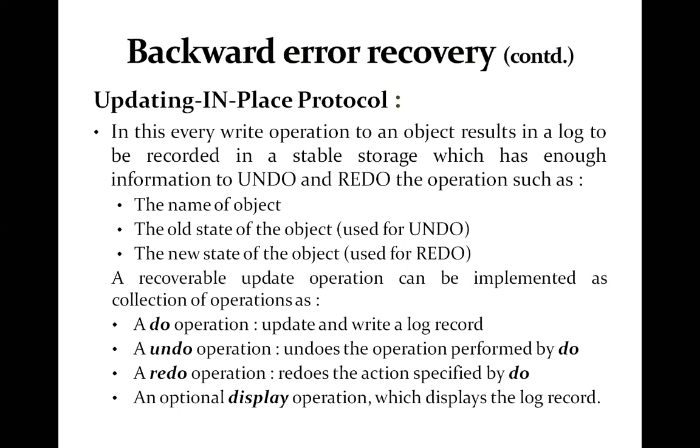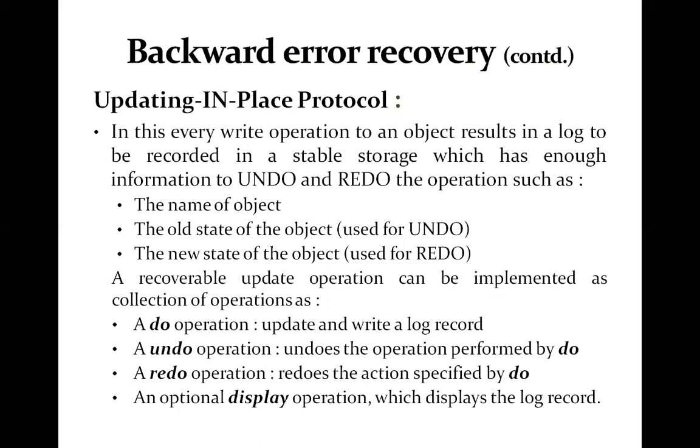And that record, stored in the form of a log in the stable storage, has enough information so that if it is required to completely undo, as well as if it is required to redo the operation, it will be able to do so.